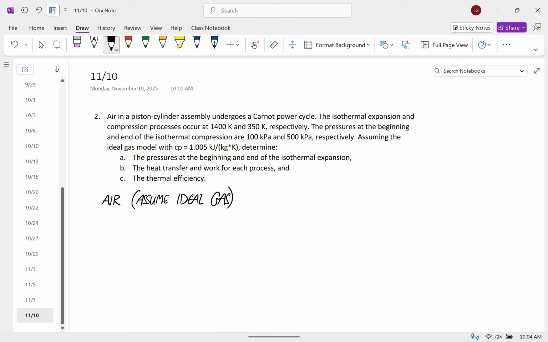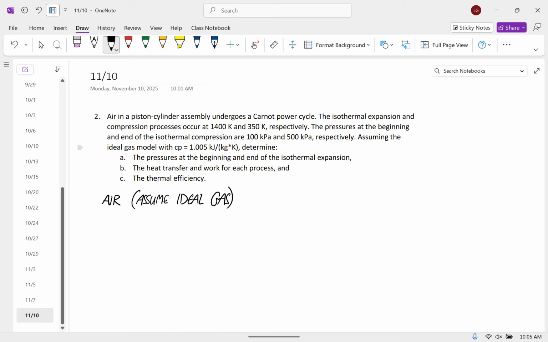Okay, two steps in this cycle are an isothermal expansion and an isothermal compression, and it gives you pressures at the beginning and end of one of those.